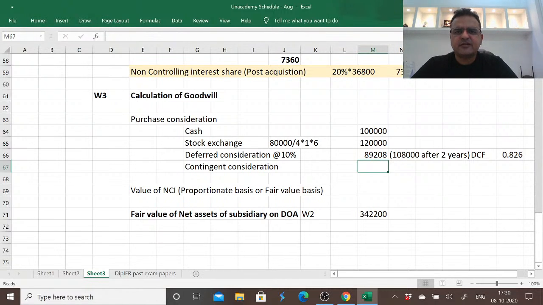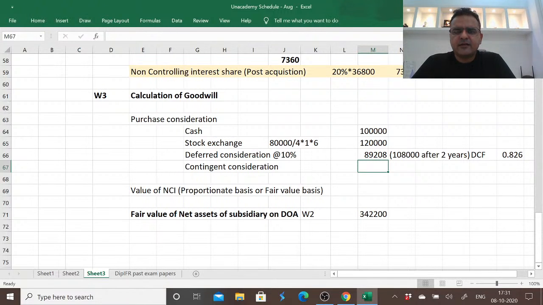There will be contingent consideration. Now this is deviating from the standard IAS 37 provisions, contingent liabilities and contingent assets. You may feel that this has a relationship with the contingent liability of IAS 37.